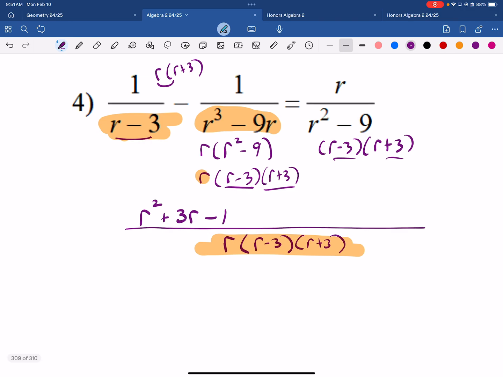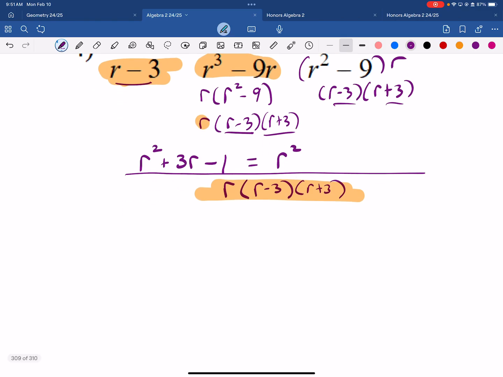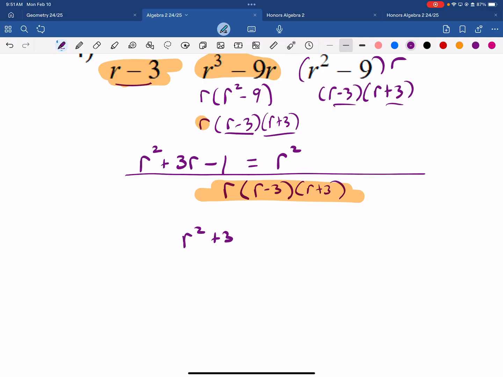Nope. So I'm just going to go minus 1 equals. What do I have to multiply the last one by? R. So that equals r squared. So I've got r squared plus 3r minus 1 equals r squared. Subtract r squared. It gives me 3r minus 1 equals 0.